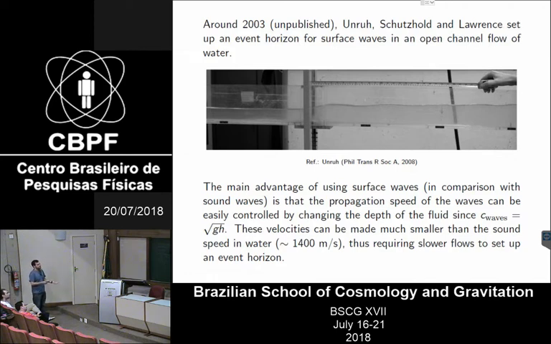So if g is 10 meters per second squared and h is 10 centimeters, you get the square root of 1, which is 1 meter per second. Compared to the speed of sound in water, which is 3 orders of magnitude higher, this makes it much easier to set up a flow where you can achieve the same speed as the wave.